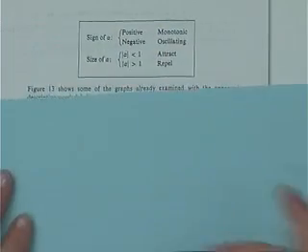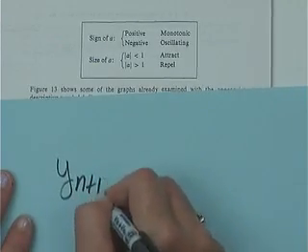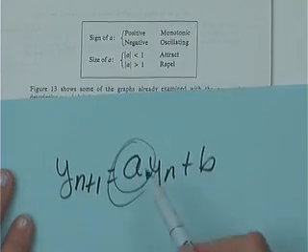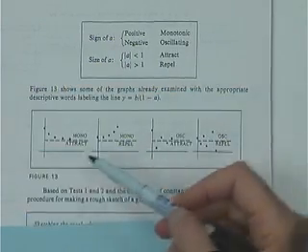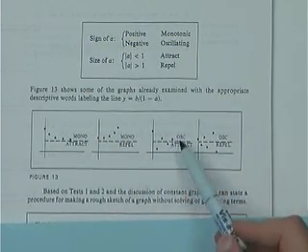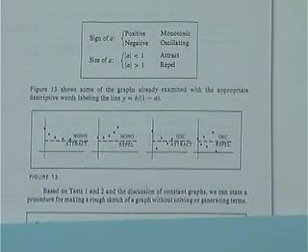Not the solution, but you just look at y sub n plus 1 equals a y sub n plus b. What does the a tell you? What does a need to be for it to be monotonic? Positive. Because you remember in the solution it's the a that's raised to a power. So if a is negative, you know you're going to be bouncing back and forth, right? So you will have monotonic when a is bigger than 0. You will have oscillating when a is less than 0 because you're raising that a to a power.